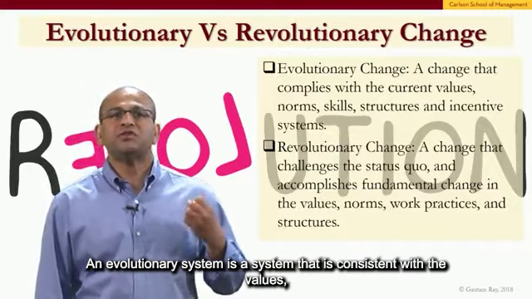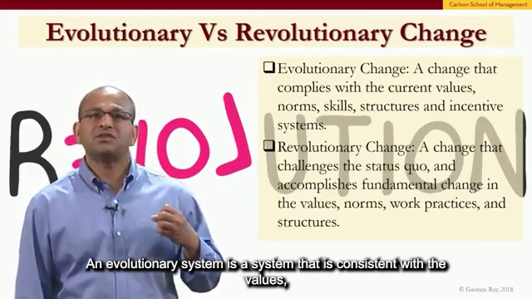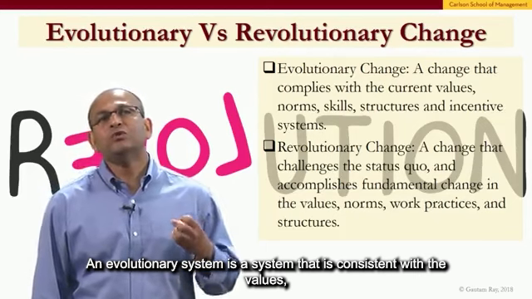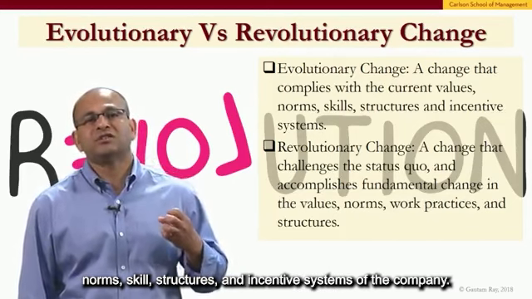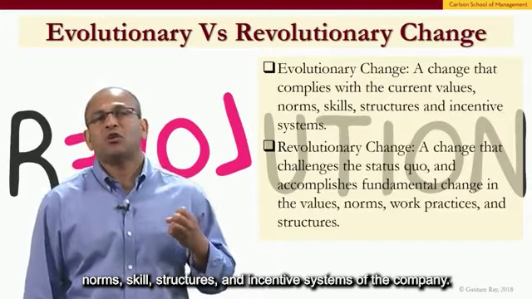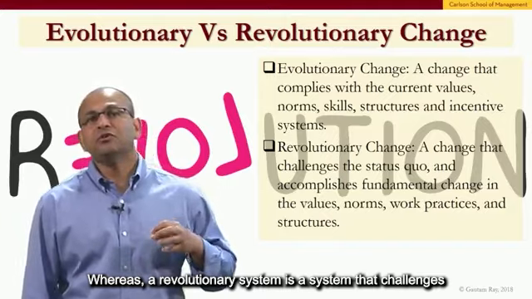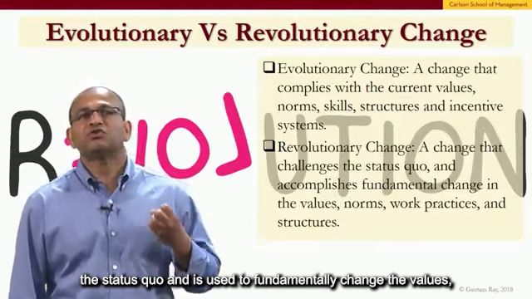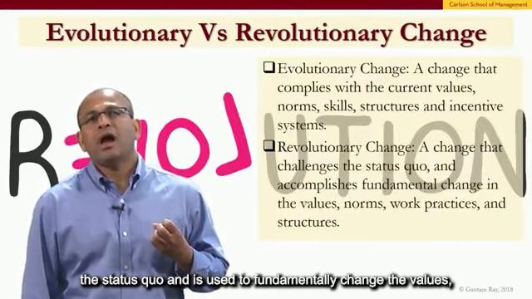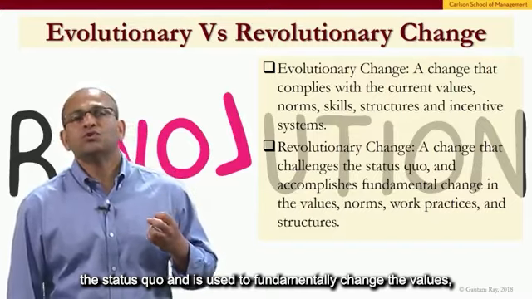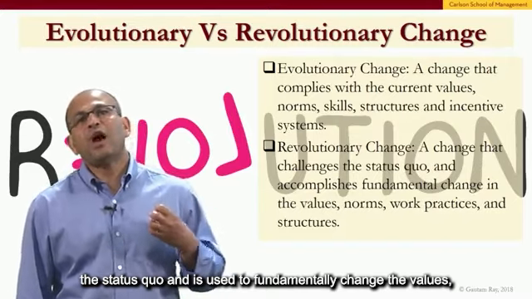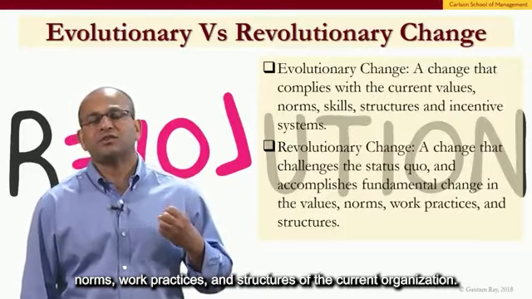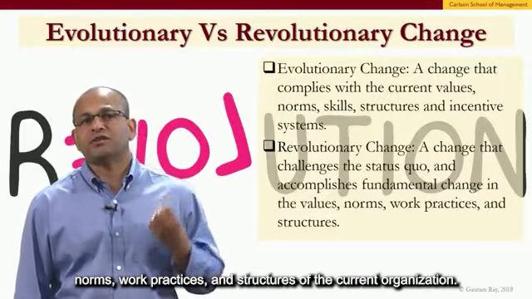An evolutionary system is a system that is consistent with the values, norms, skill structures, and incentive systems of the company, whereas a revolutionary system is a system that challenges the status quo and is used to fundamentally change the values, norms, work practices, and structures of the current organization.